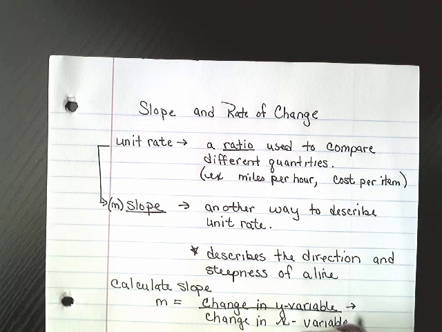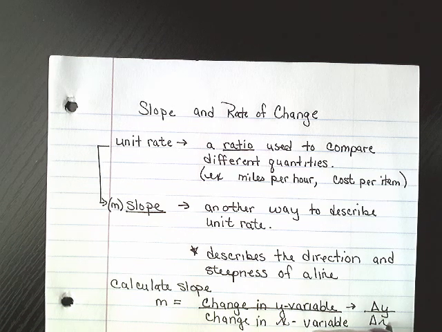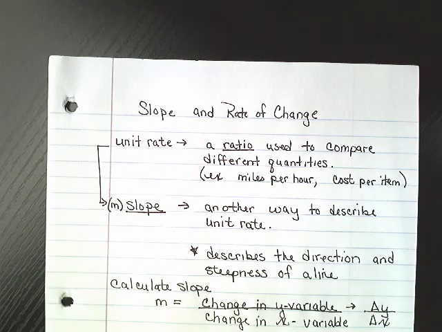We abbreviate that by using a triangle. Change in y over the change in x. Okay, it's also going to be referred to as rise over run.